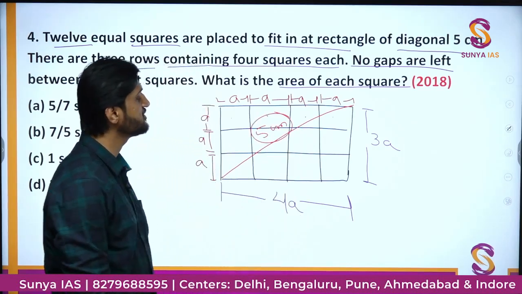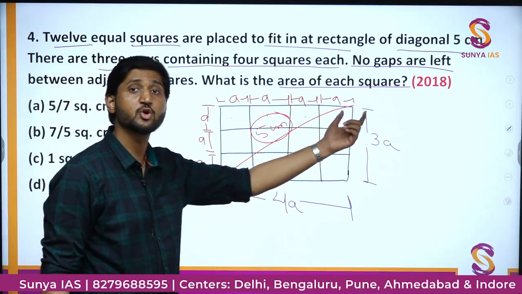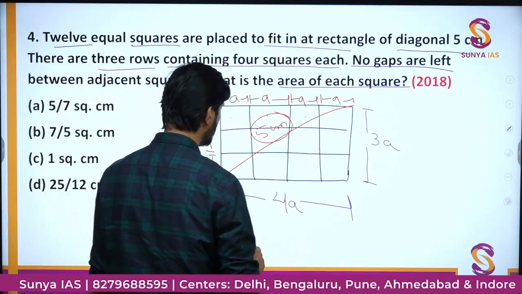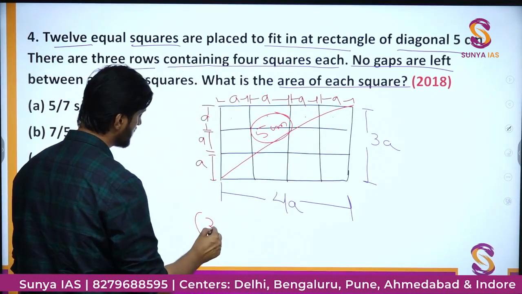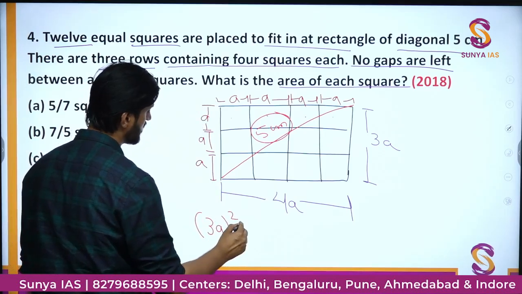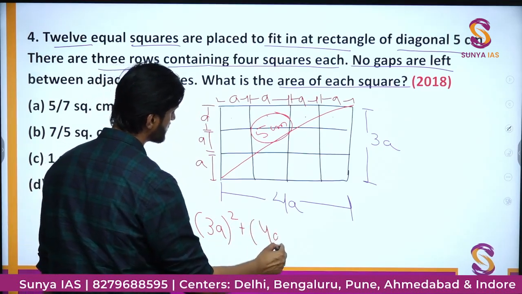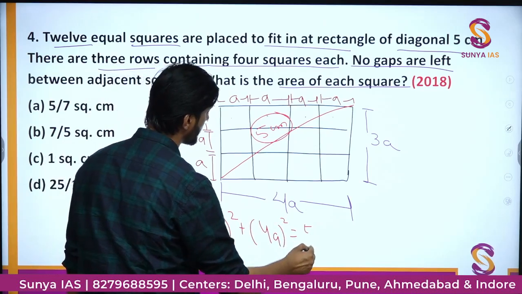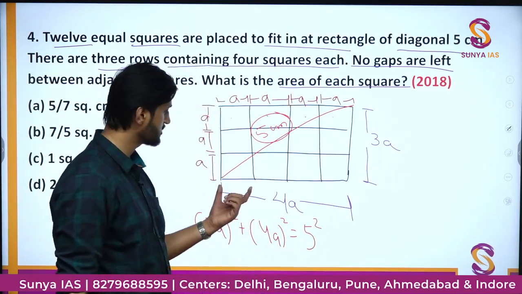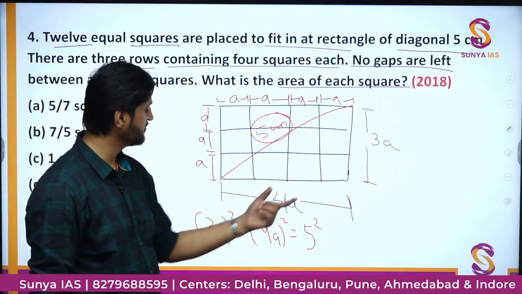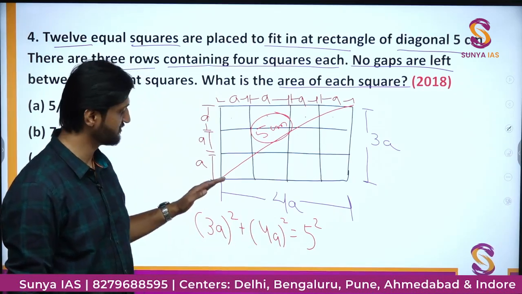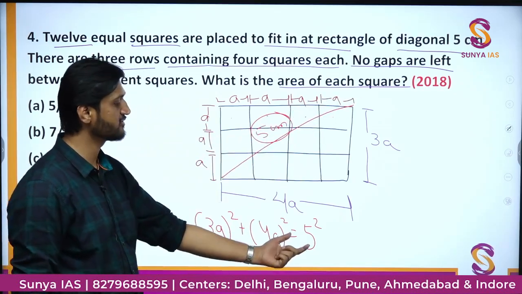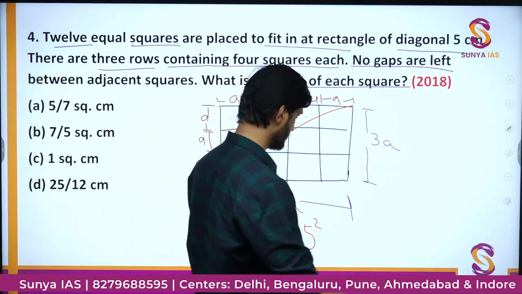So what we'll do is just use Pythagoras theorem in this particular case. We will say 3a squared plus 4a squared is equal to 5 squared. So there is this side and this side, both of them squared and added would be equal to the largest side, that is 5 square, right?